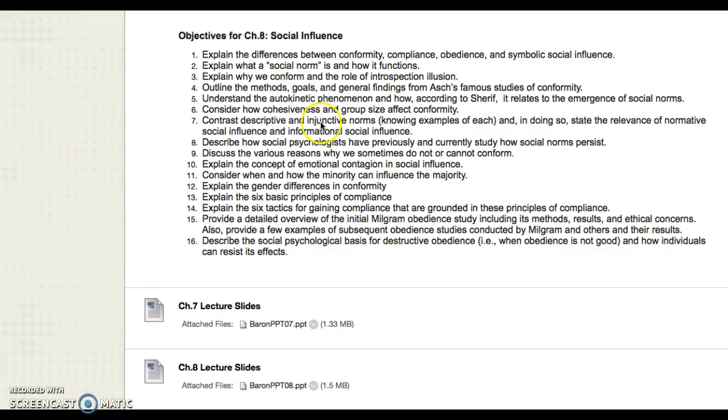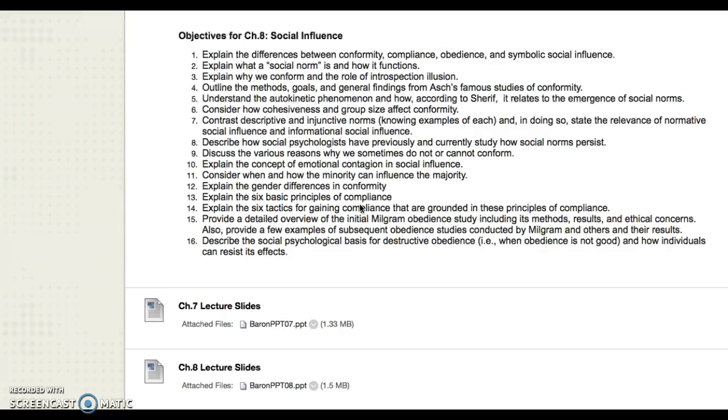Then we're going to move down into the area of compliance. Compliance is going along with a direct or indirect request of another person. So conformity is kind of like, we want to fit in or we're going to fit in because of the norms that dictate that.